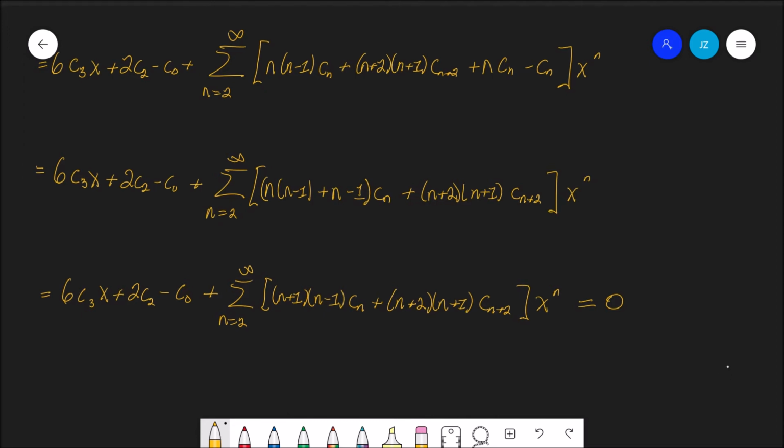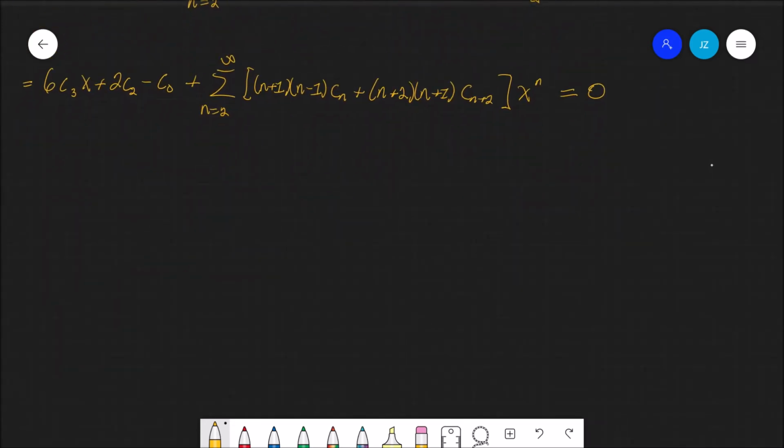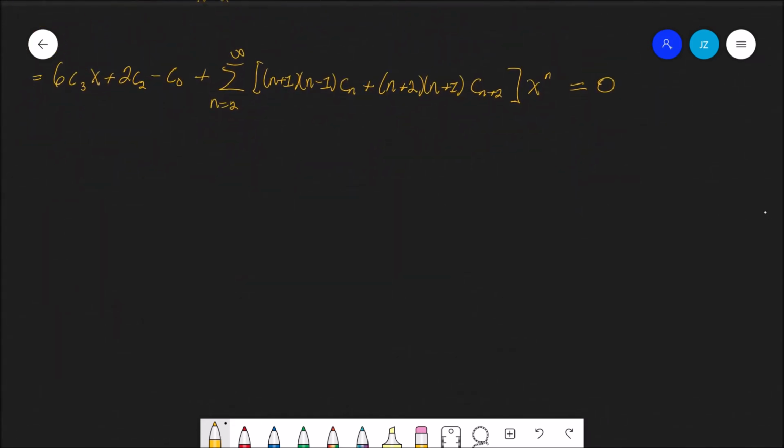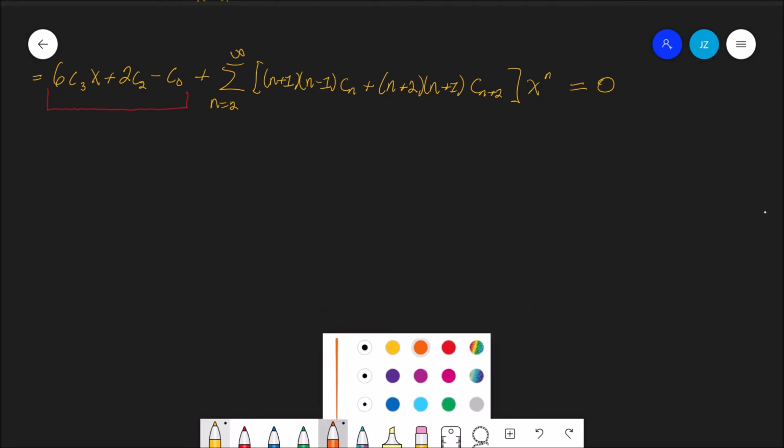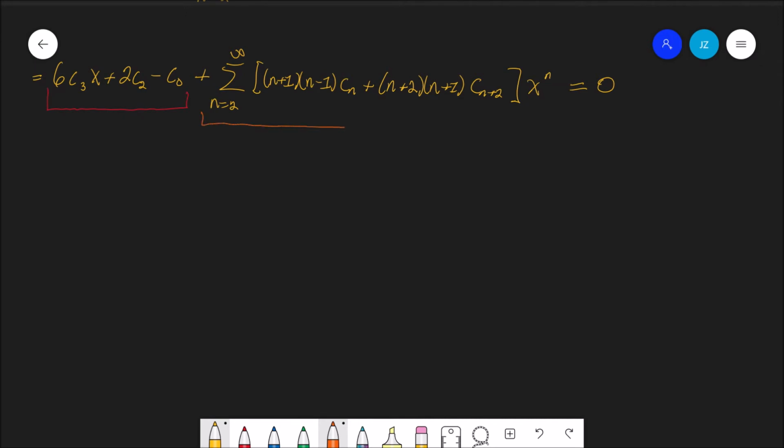So we're going to look at two terms individually. We look at this, and we'll look at this.